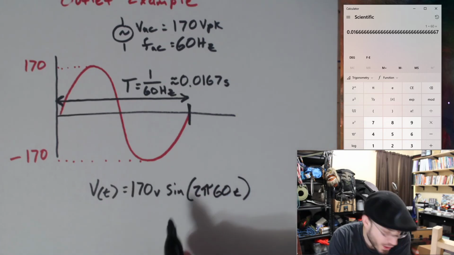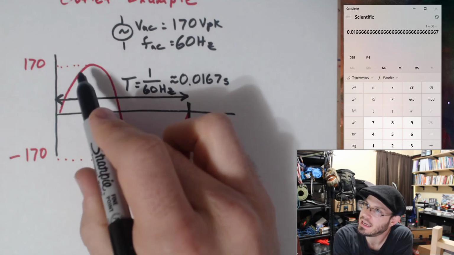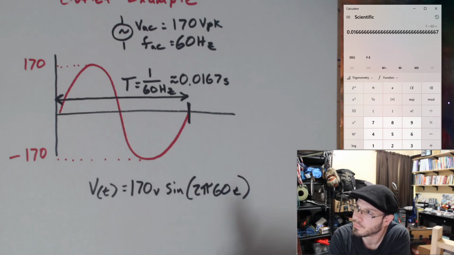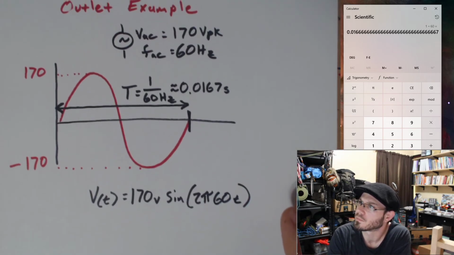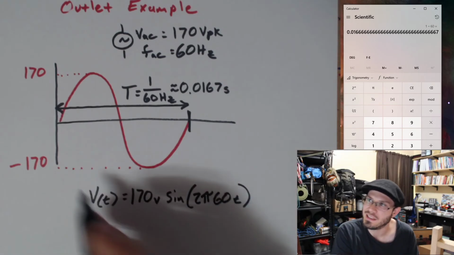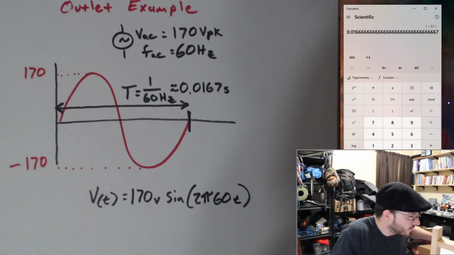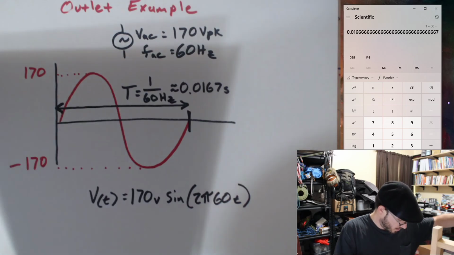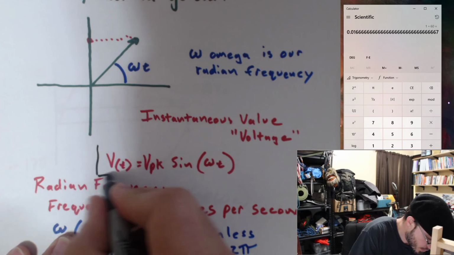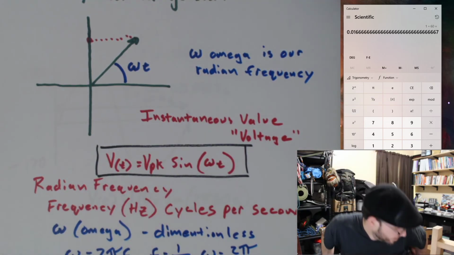And so now we have a nice simple formula that gives us the instantaneous voltage at any point along our sine for any given moment in time that we would want. And so this is typically how you would go ahead and define your instantaneous value, using this equation. Okay?